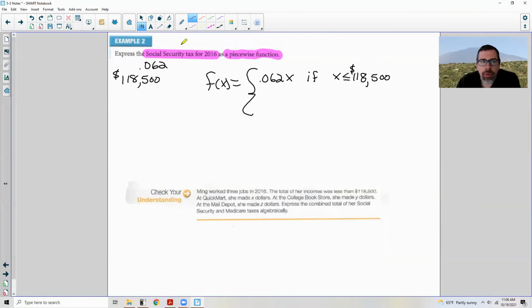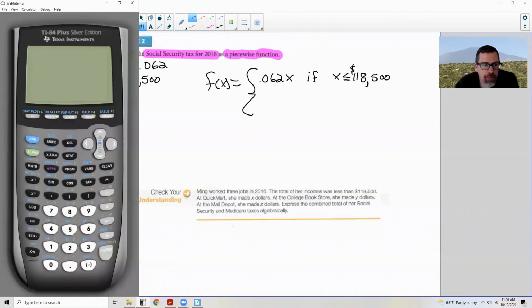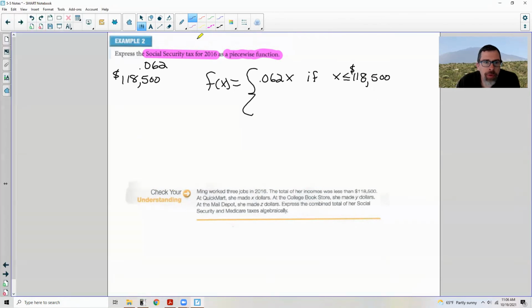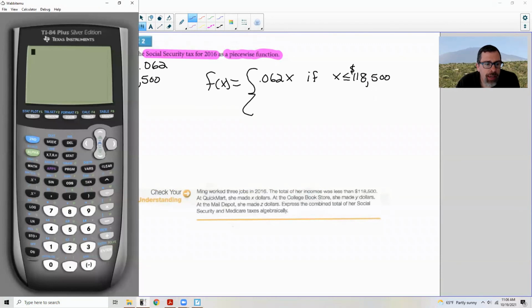But then when there is a maximum, that is 0.062 of 118,500. That's the maximum allowable deduction. So if my maximum amount taxed is 118,500, then I take 118,500 times 0.062.